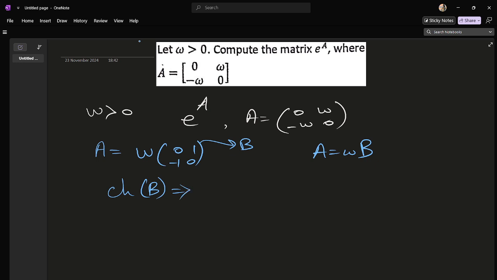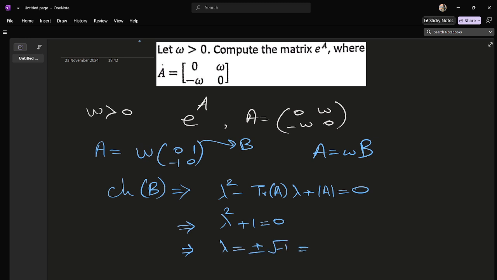As it is a 2 by 2 real matrix, we can write the characteristic equation using the trace and the determinant. The trace is 0, so minus 0 lambda. The determinant is 0 plus 1, which is 1. So the eigenvalues are plus or minus the square root of minus 1, which is plus or minus i.